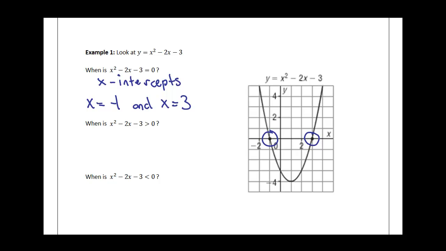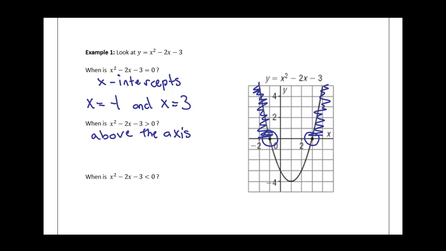Our next question is asking us when it is greater than 0. So that's when it's above the x-axis. So the quadratic is displaying above the x-axis here and here.